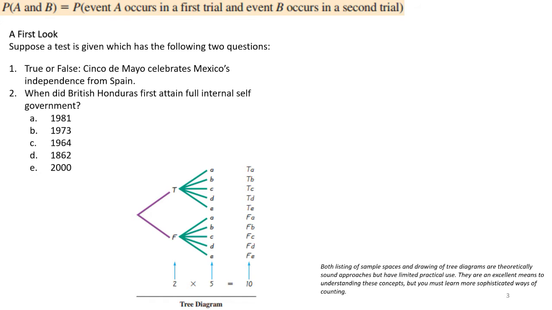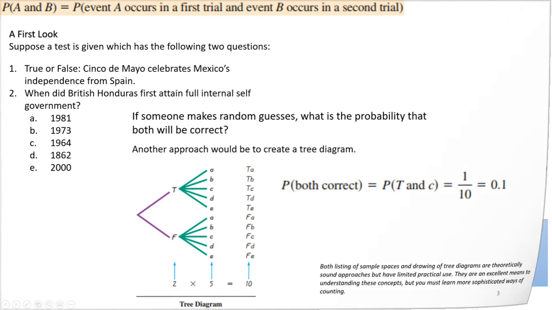Likewise, sometimes you might list a few elements of the sample space just to get an idea of what the elements would look like. But you would not be able to list all the elements, and you would not be able to draw a complete tree diagram. So what is going to become very important is that you learn more sophisticated ways of counting.